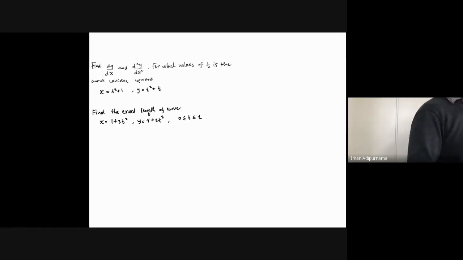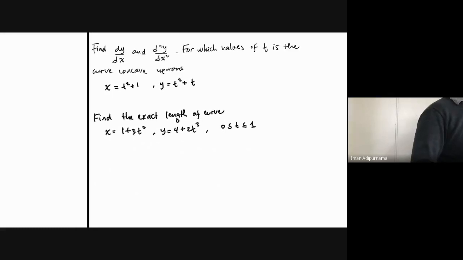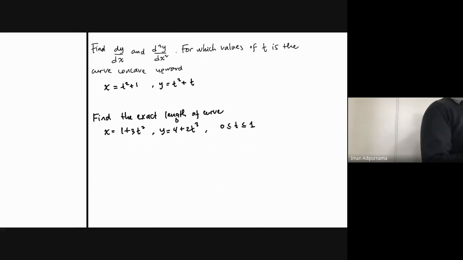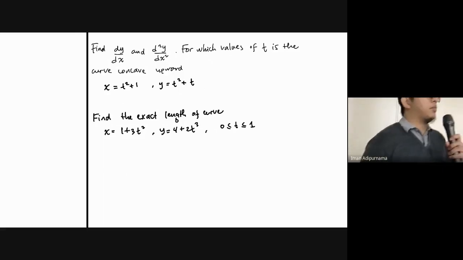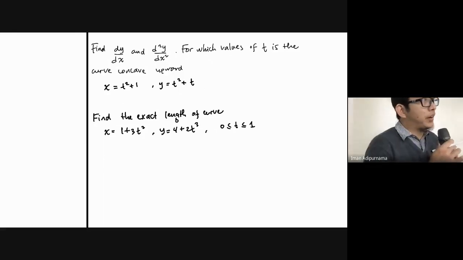For number 1, I hope you are able to differentiate or distinguish the problem on calculus 1 and now calculus 2. In calculus 1, we only consider a single variable, right?